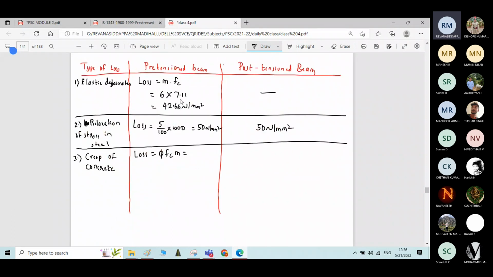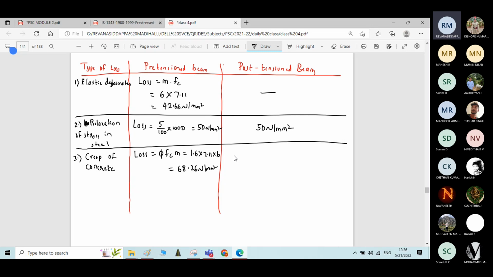Substituting 1.6 into 7.11 into 6, we get the loss due to creep as 68.26 Newton per mm square. For the post-tension beam also, loss due to creep will be there.